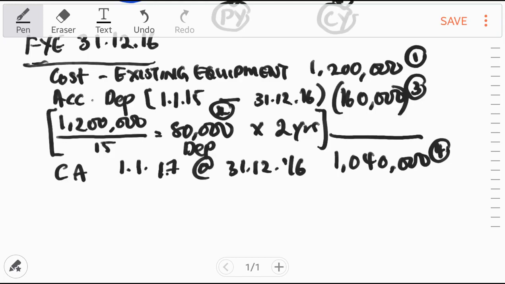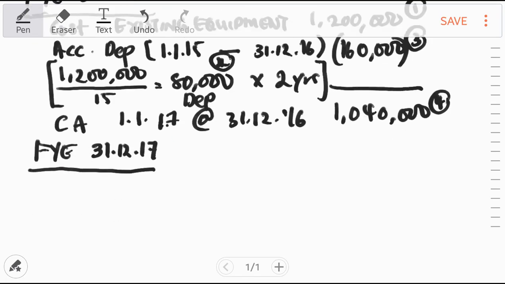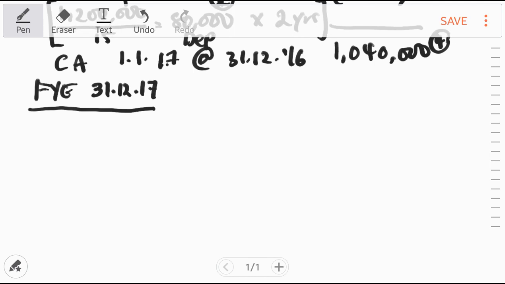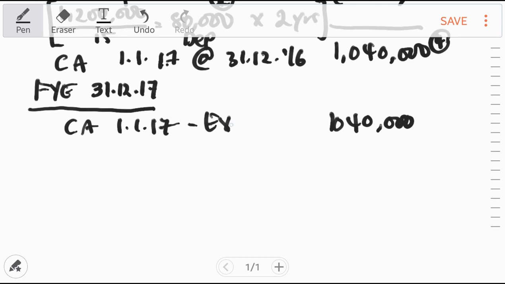Now we move on to the second year, 17. So you know that the carrying amount on this date would be 1,040,000. So this is the existing carrying amount, not the existing cost, the carrying amount.